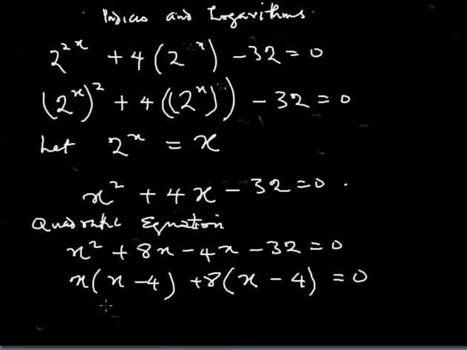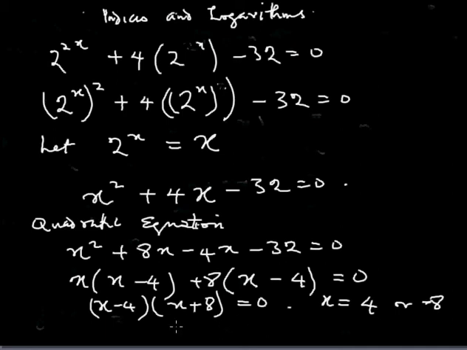So the roots of this equation are x minus 4, bracket x plus 8. That's the root. Then we know that x is equal to 4 or minus 8.